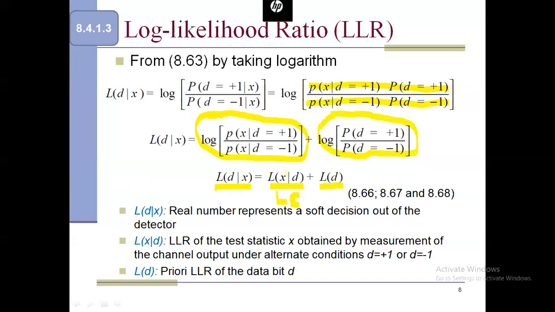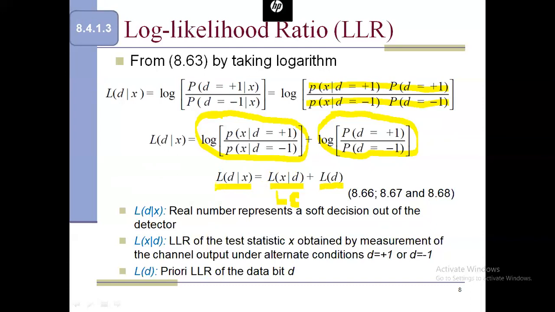So this channel stats, along with this priori probability, will help us to determine the log of the posteriori probability.